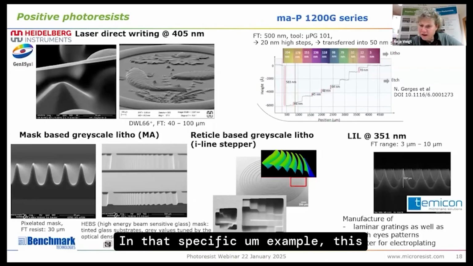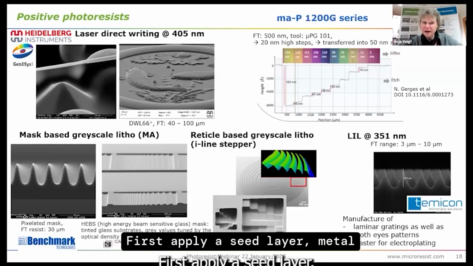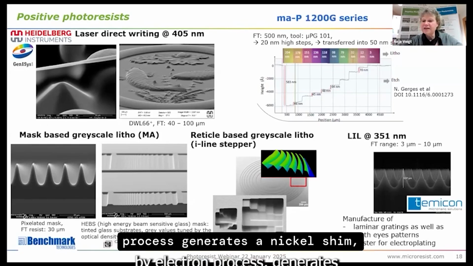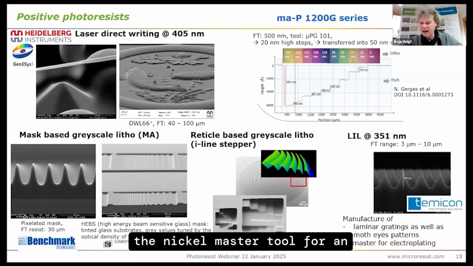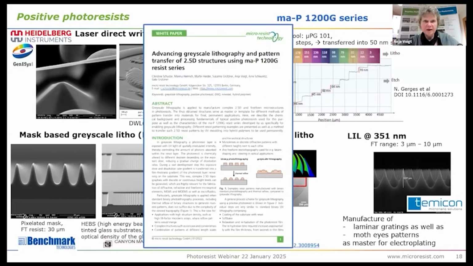In that specific example, this generated master was then replicated by electroplating. First apply a metal seed layer, and then by electroforming process generate a nickel shim, the nickel master, for an application.